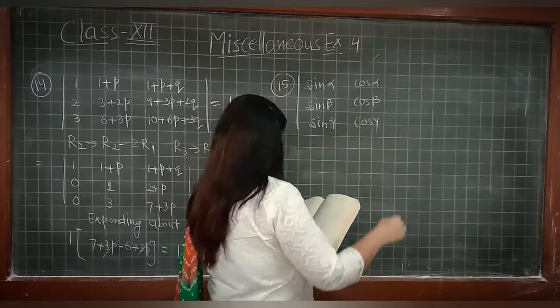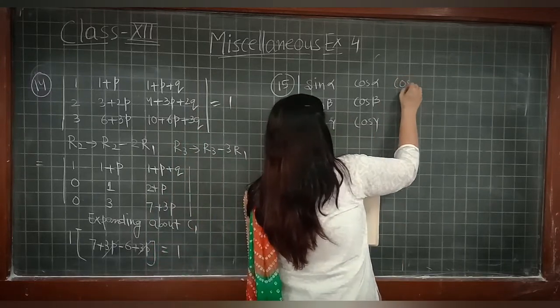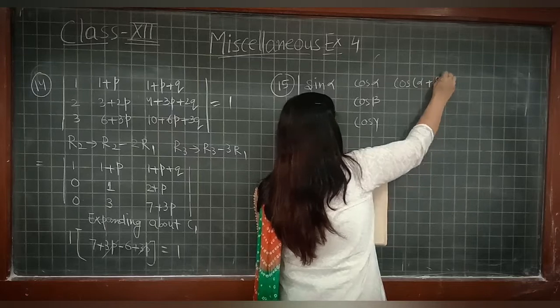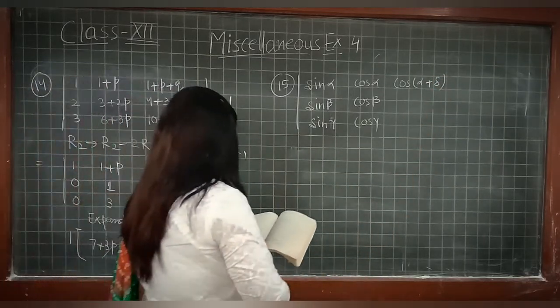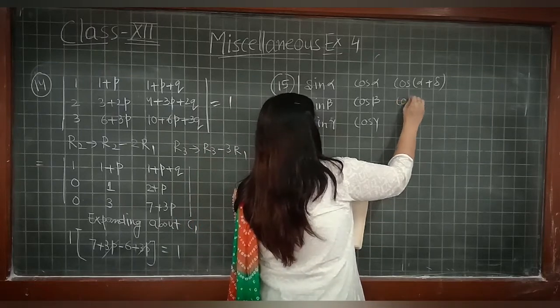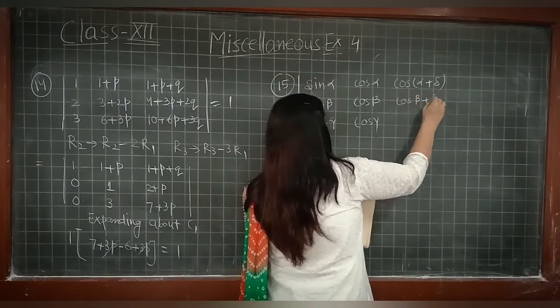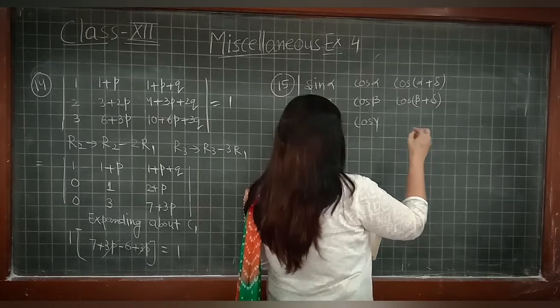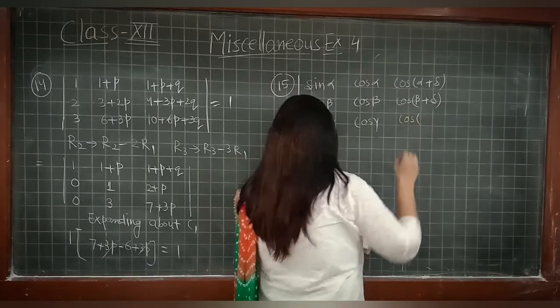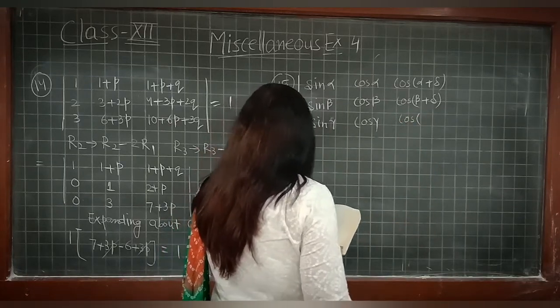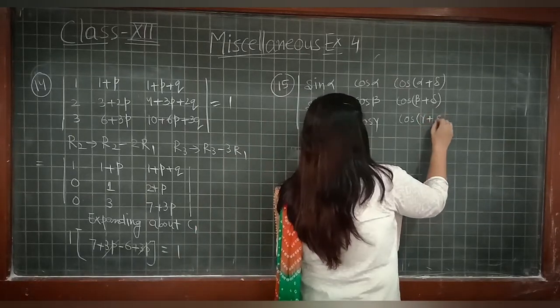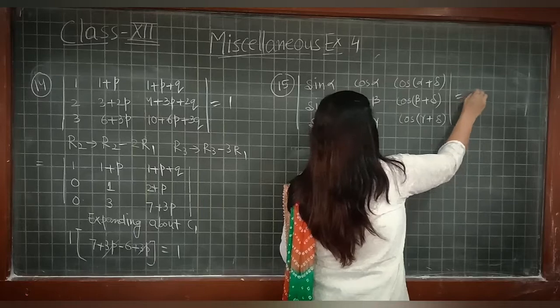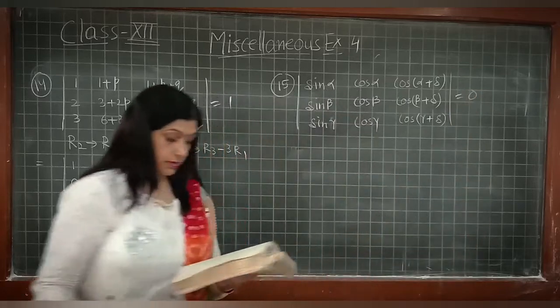Then cos alpha plus delta. Then cos beta plus delta, then cos gamma plus delta, and you have to show it equal to 0.